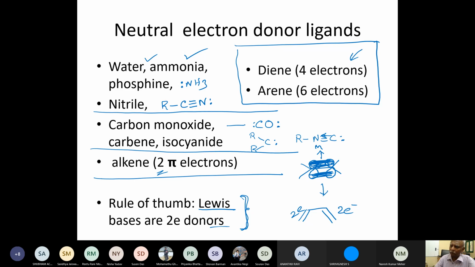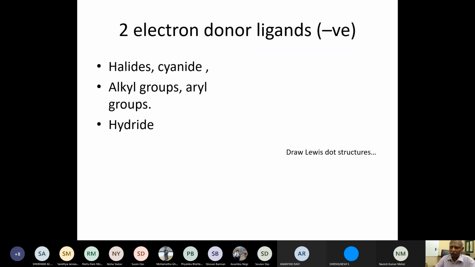Similarly, an arene can have 6 pi electrons. You have to just draw it in a localized fashion in order to see the fact that it is equivalent to 3 alkenes. So these are simple neutral donor ligands. There is no charge in them.